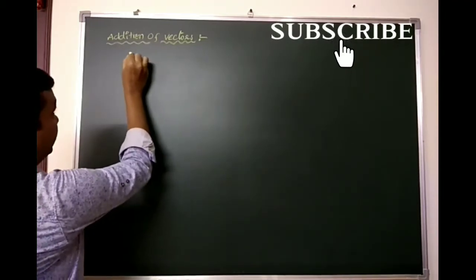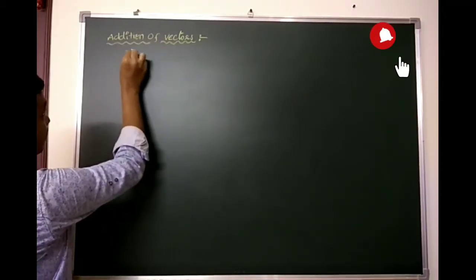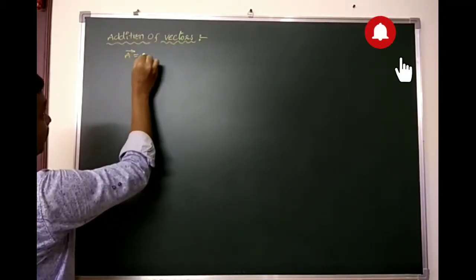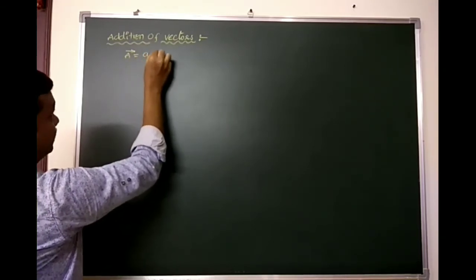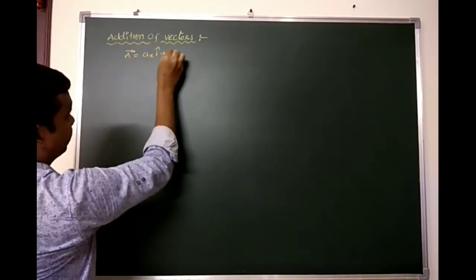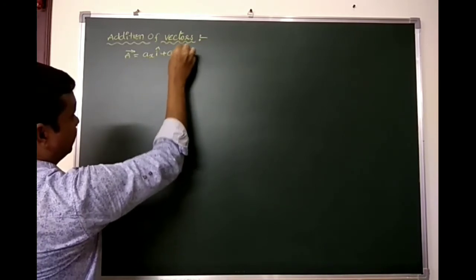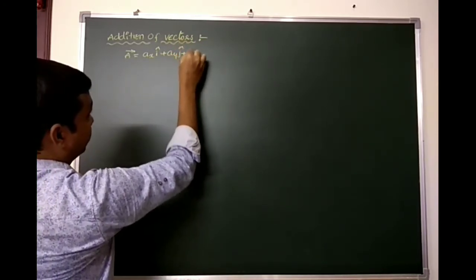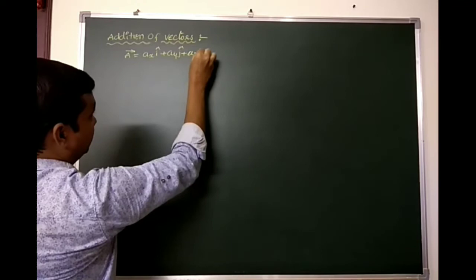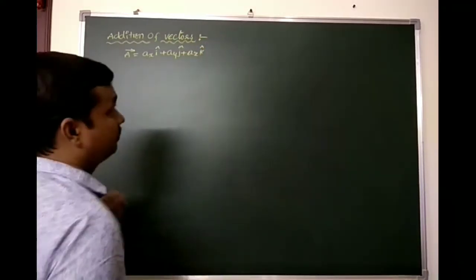Here I am considering two vectors: a bar equals ax i cap plus ay j cap plus az k cap.